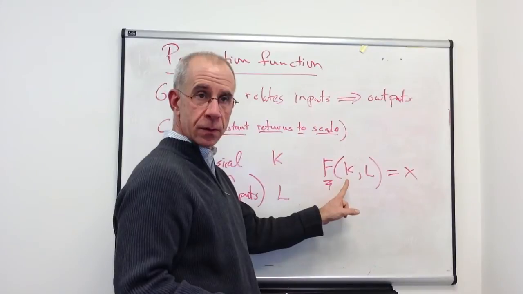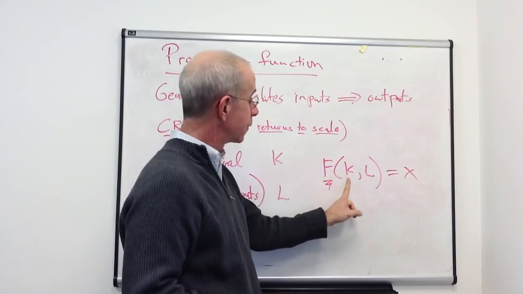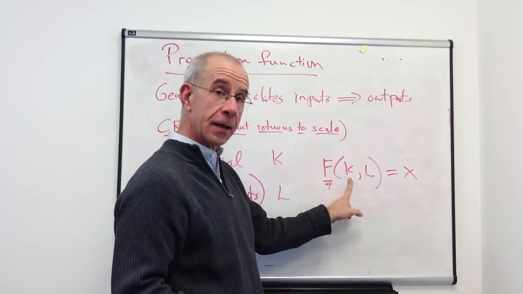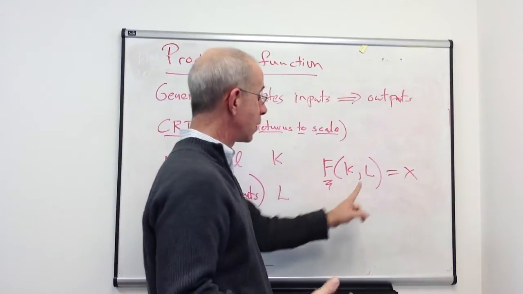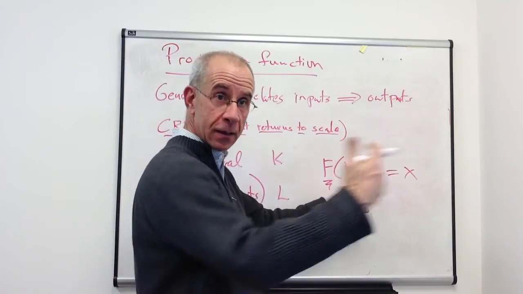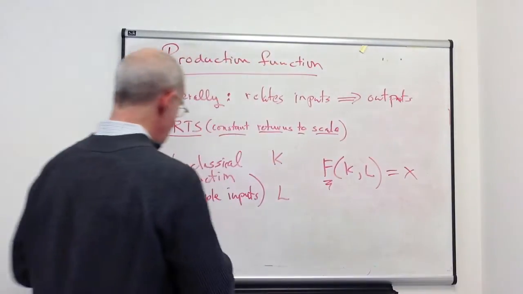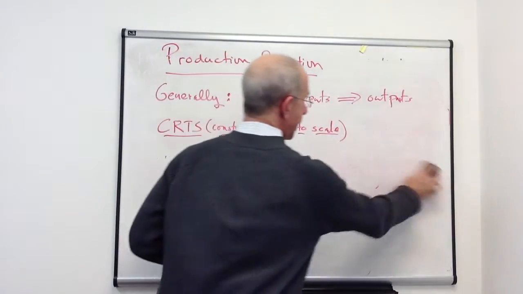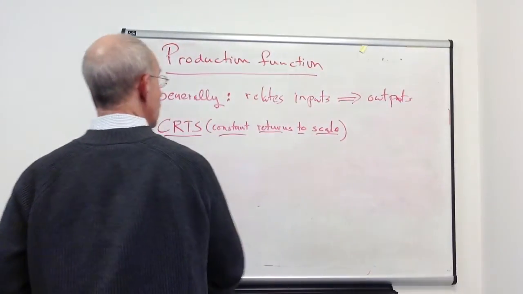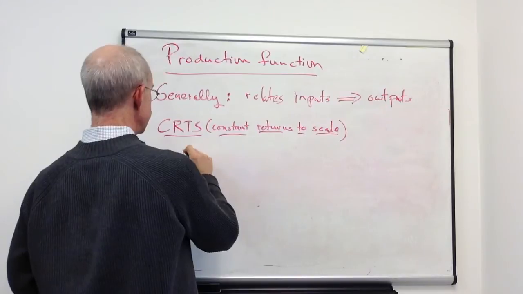Sometimes we will analyze this holding one of these fixed, for example, holding the amount of capital fixed and letting labor increase, or holding the amount of labor fixed and increasing capital. So there are various things that we're going to be doing with this. Now, one final thing that I want to note is how these relate to constant returns to scale.